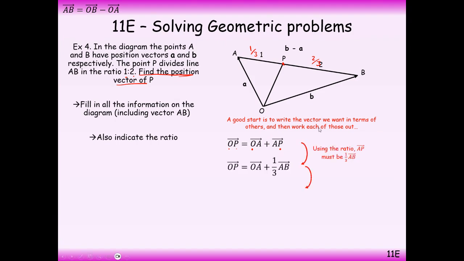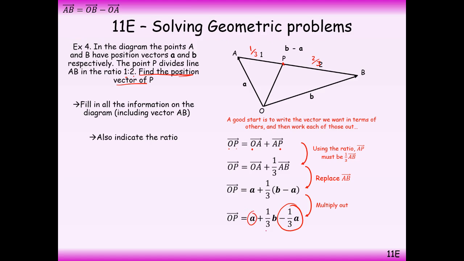We're going to replace that into the definition, and OA is a. So all we have to do is multiply out the bracket, bring this minus a third with a, and factorize the a out of that. If you're not sure, what we're doing here is rewriting this as 1a, and we're taking away a third from that, and we end up with 2/3 of a plus 1/3 of b.